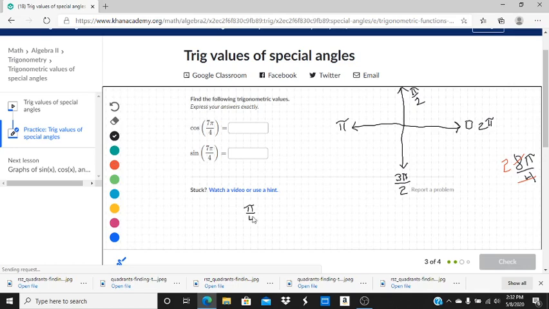if you want to convert that, pi fourth times 180 degrees over pi. Well, the pi's cancel out. 4 goes into 180 45 times, so it's 45 degrees.